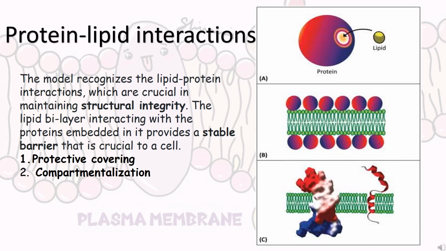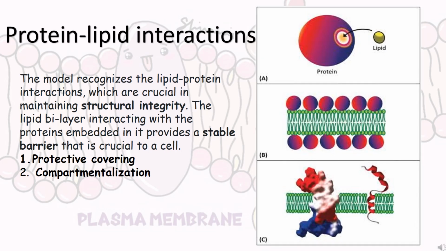The model recognizes the lipid-protein interactions, which are crucial in maintaining structural integrity. The lipid bilayer interacting with the proteins embedded in it provides a stable barrier that is crucial to a cell. Firstly, such a structural and physiological organization enables the cell membrane to efficiently serve as a protective covering against pathogens and harmful substances.